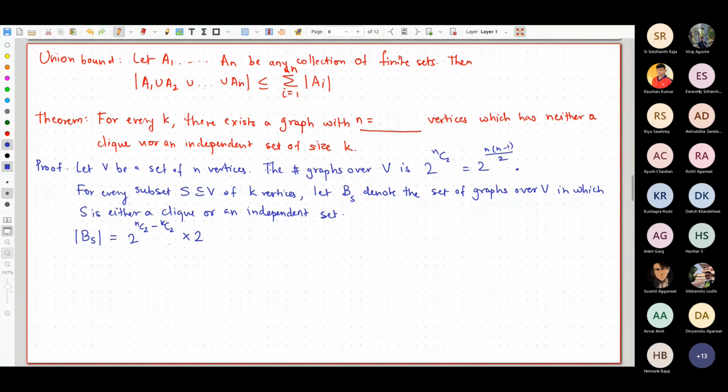For every edge which is inside S, consisting of only the vertices of S, the state is fixed.